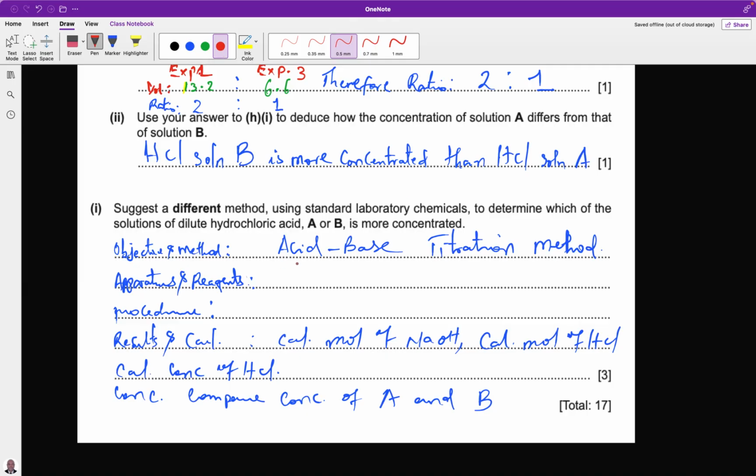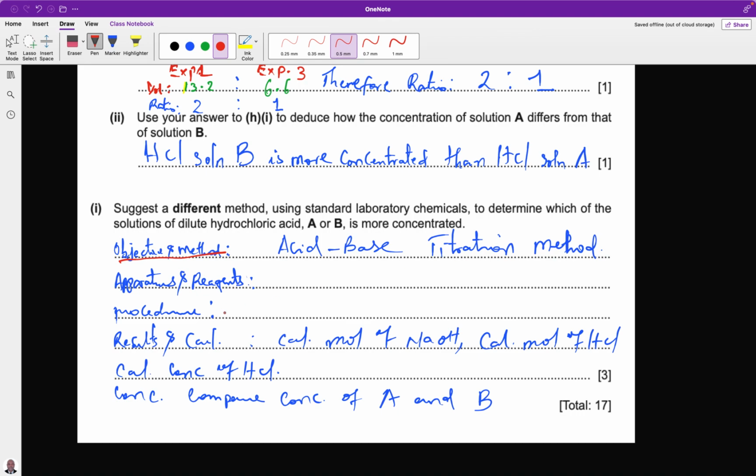I said, because there are 3 marks and there's no space, objective and method. Your objective is to determine the accurate concentration of 2 hydrochloric acid solutions, A and B, of unknown concentration using the acid-base titration. That is the method. The apparatus and reagent, I ask you to name all of them: the burette, 25 cm cube pipette and the filler, 250 cm cube conical flask, white tile, HCl solution A, HCl solution B, 1 mole per dm cube sodium hydroxide, dropping pipette and the phenolphthalein indicator.